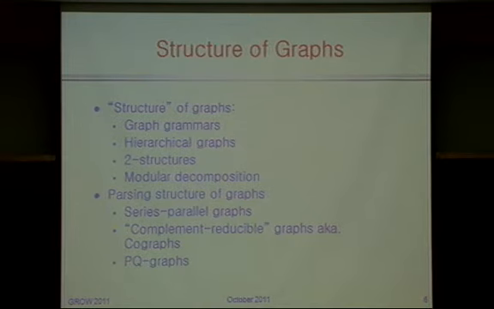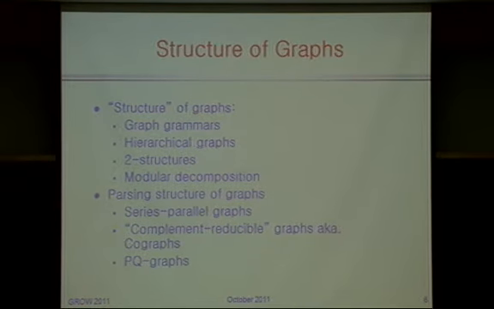Now, the structure of graphs, what do we mean by structure, or what do I mean? Of course, everybody has her or his favorite view of things, some type of grammars, hierarchical graphs, case structures, modular decomposition, something that has parsing structures.